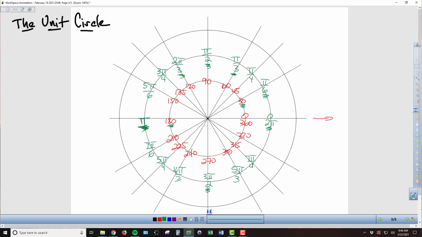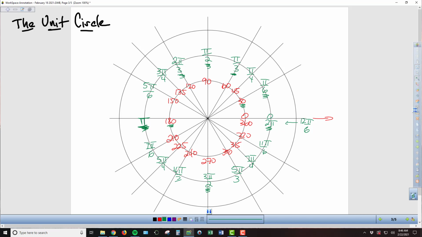And then if we skip ahead to 330, if we think of 2 pi as being 12 pi over 6, then if we're 30 degrees short of that, if we're pi over 6 short of that, that means 330 degrees is going to be 11 pi over 6. So we subtract 1 pi over 6 from 12 pi over 6.